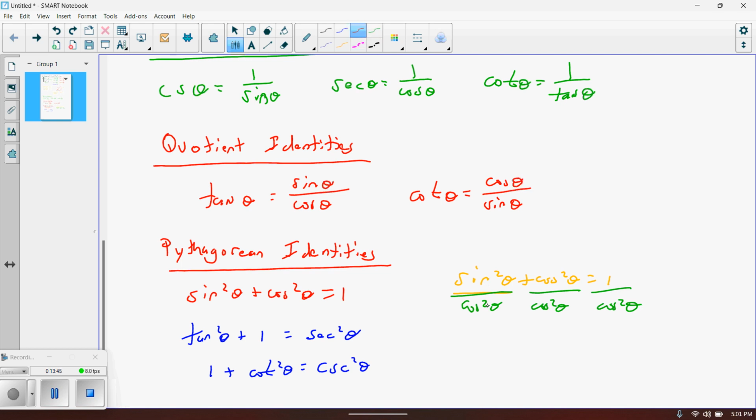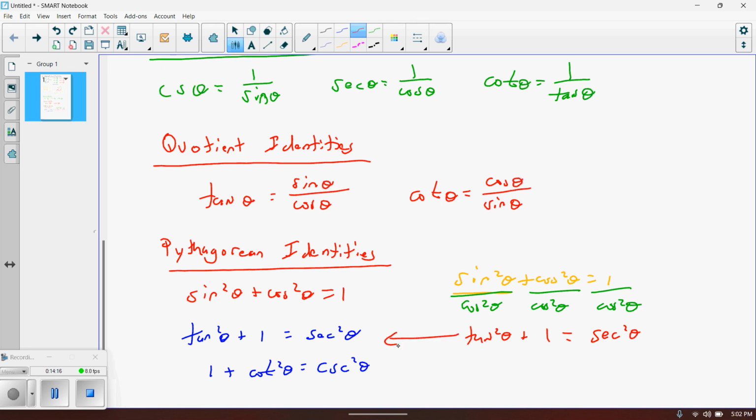Sine squared divided by cosine squared, if you look at the quotient identities, would be tangent squared, because sine divided by cosine is tangent. Cosine squared divided by itself, of course, is 1. And then 1 divided by cosine squared, well, that is your reciprocal identity for secant squared. So we've now just developed the second identity.